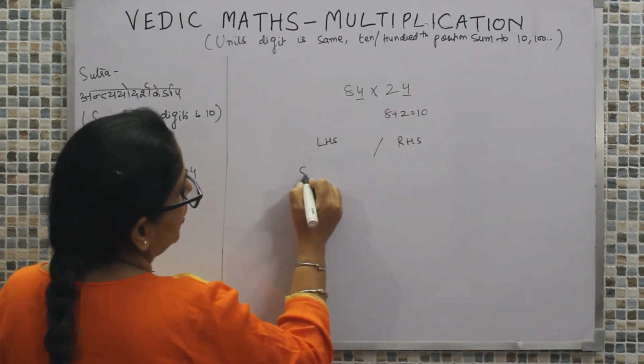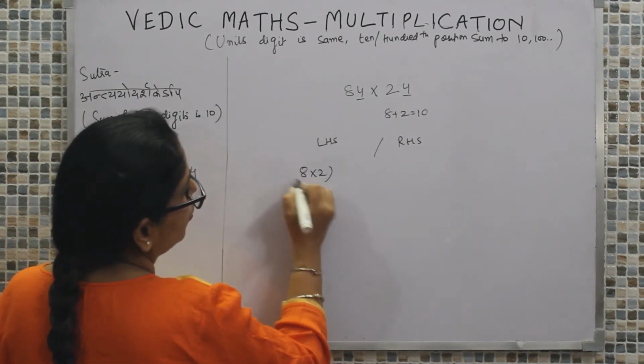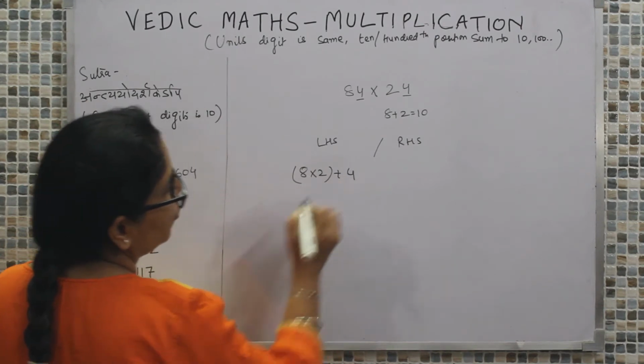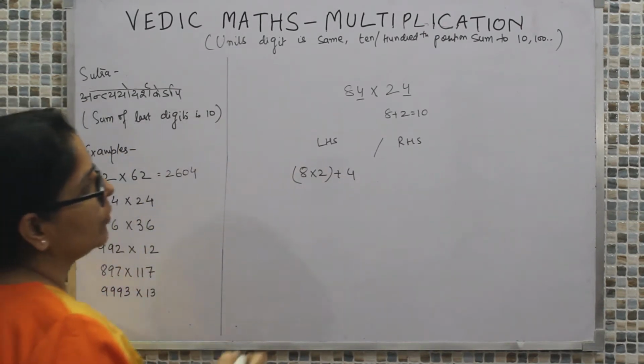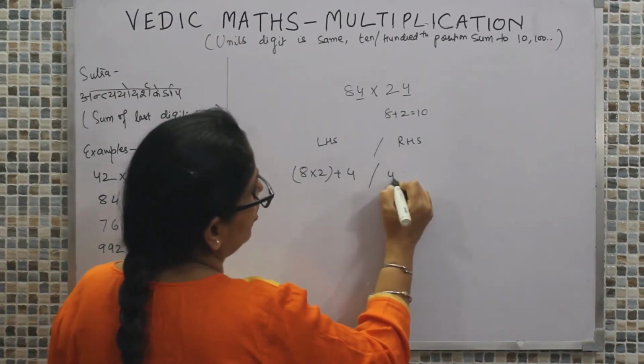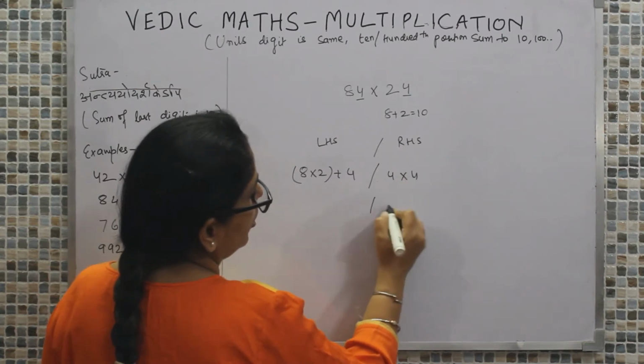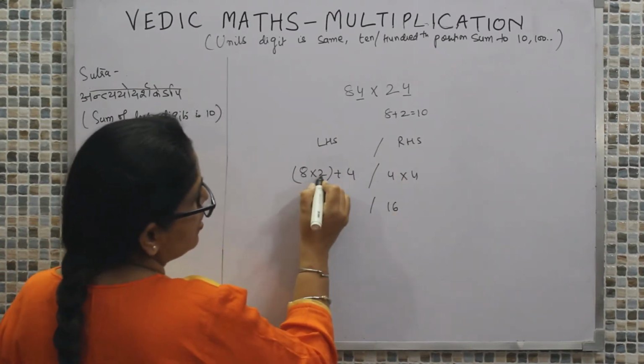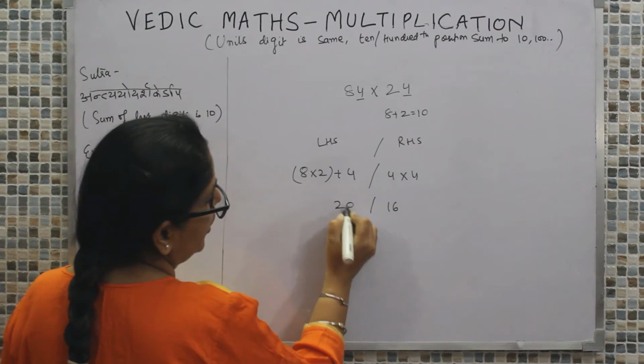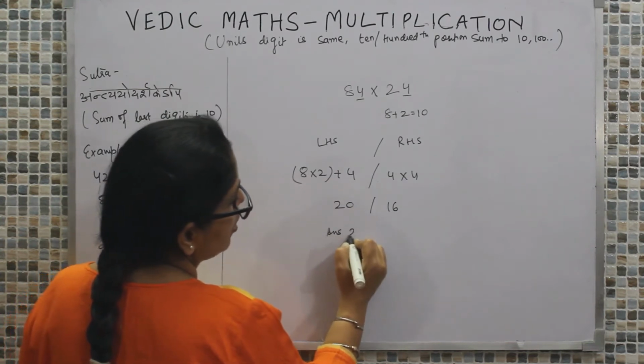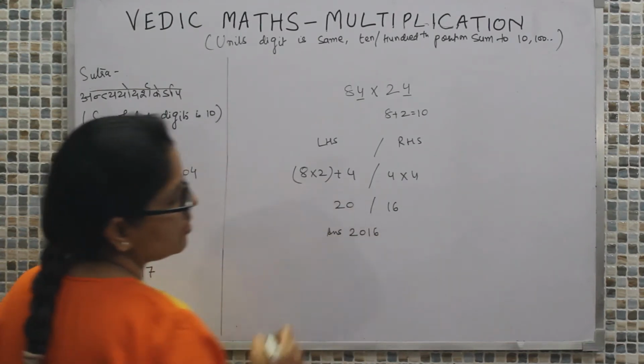The LHS will be 8 into 2 plus 4, and the RHS will be 4 into 4. So here we have 16, 16 plus 4 is 20, so the answer is 2016.